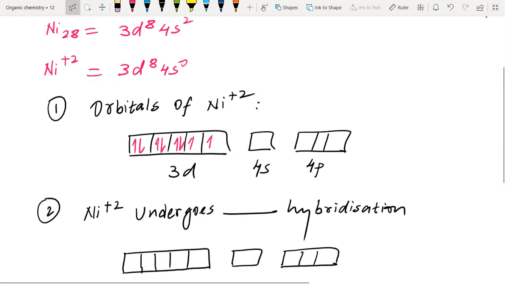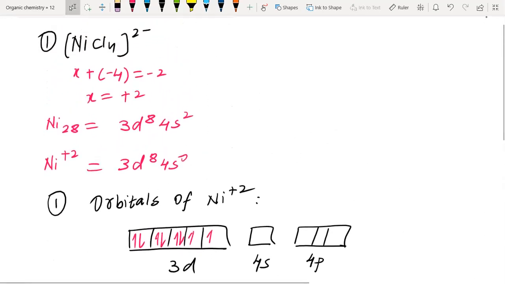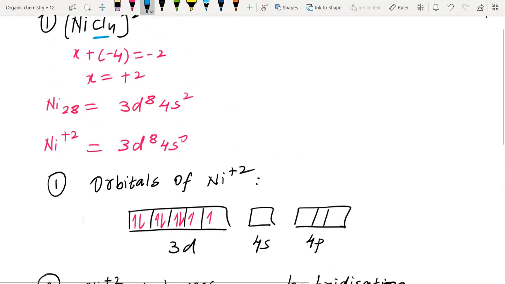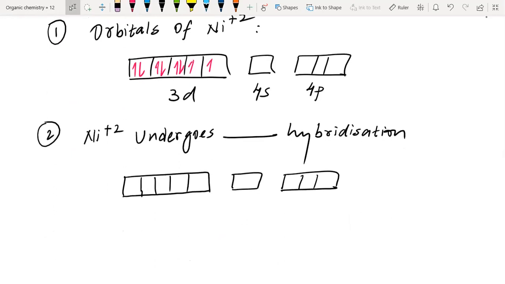As we see here, chloride is a weak field ligand, and because of that, these electrons of d orbital will remain as they are. So we can show it like this.